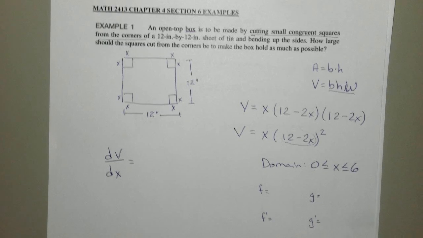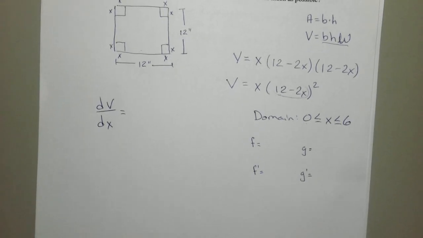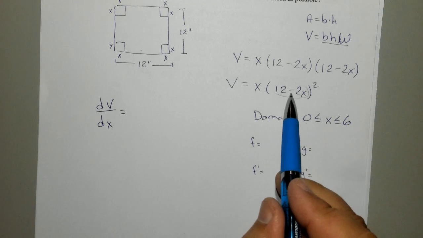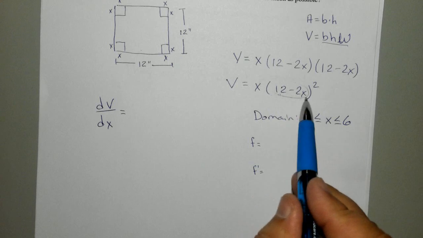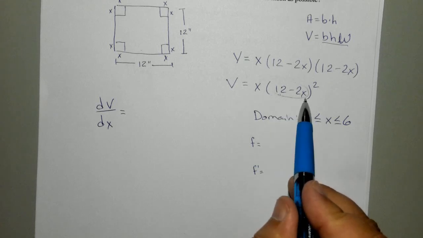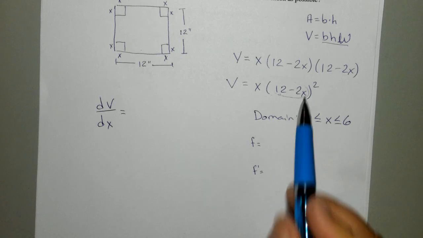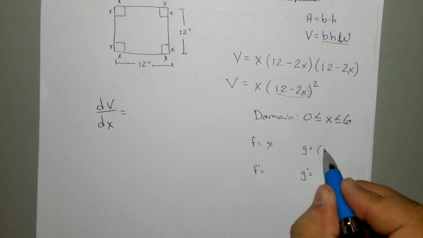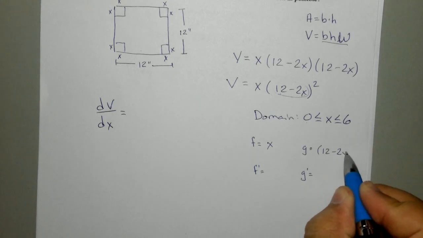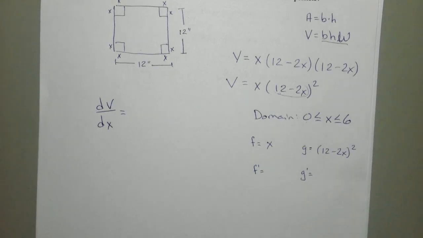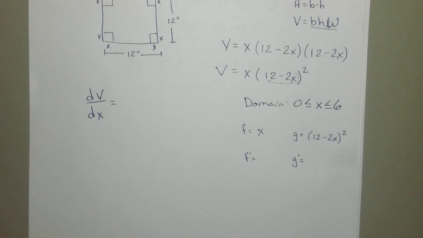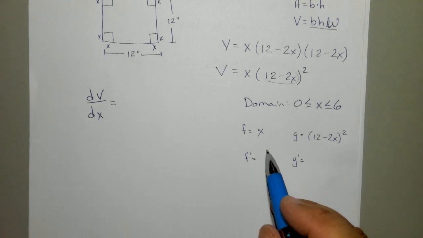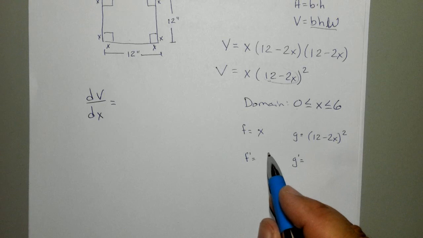What method are you going to use? We're going to use the product rule first, but we have to use the power rule for this function. So the f of x is x, the g of x is 12 minus 2x squared. What's f prime?